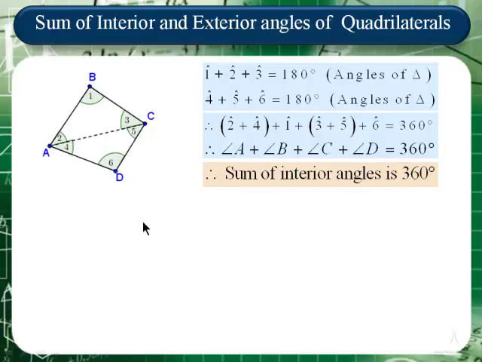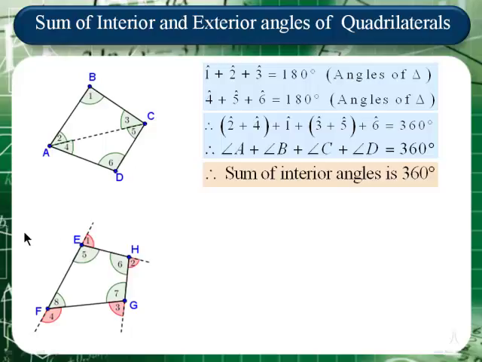Now what about the exterior angles? Firstly you must make sure that you understand what an exterior angle is. For instance, if I look at angle 1, then it's the exterior angle at the vertex E. Now how do I obtain it?